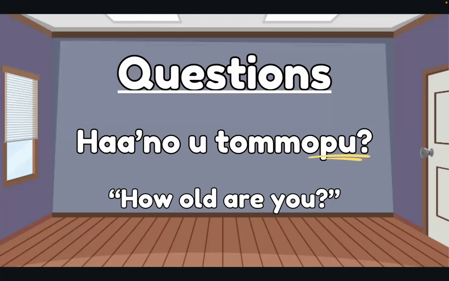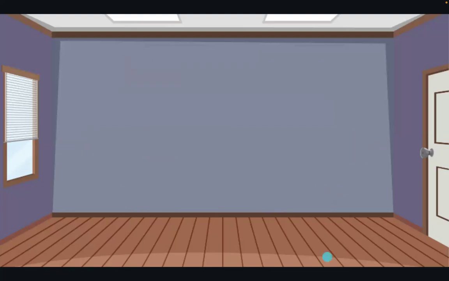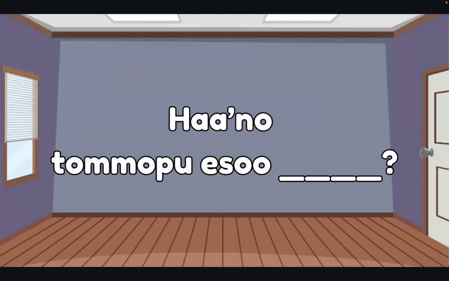But again, we're going to save that question until the very end. We're first going to start with this other similar question, which is ha no tomopu ishu blank. If you've been studying, you should probably already know what this means.